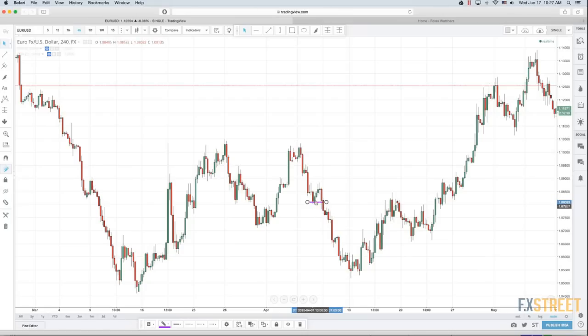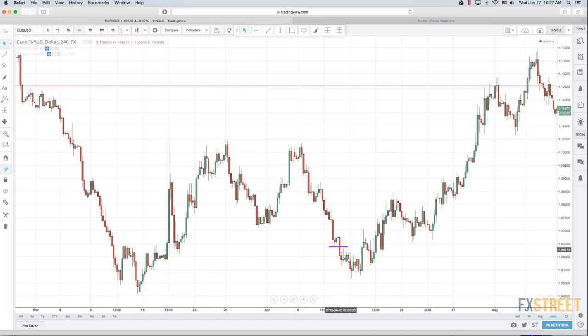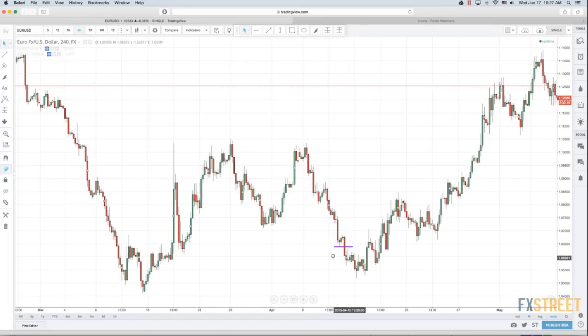Moving forward. It breaks down below, holds, breaks down lower, pulls back, holds, breaks down lower, pulls back, holds, lower, pulls back, holds, lower, and now is the interesting part.